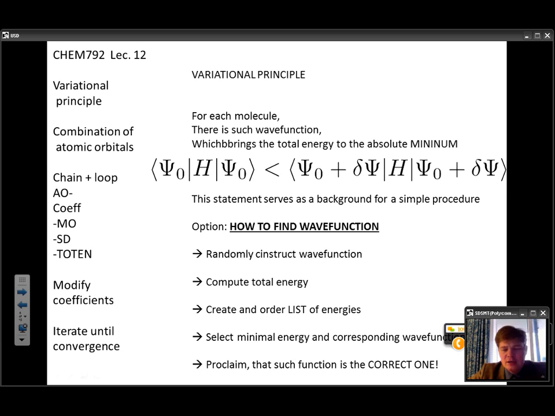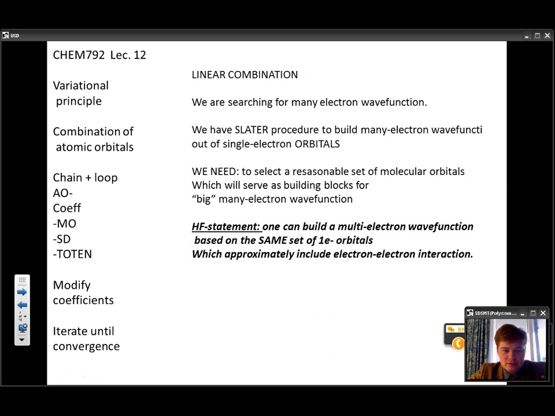There should be some more rigorous, more reasonable way to find the many electron wave function. I'm going to go to the next slide. So we already know that the many electron wave function is composed of single electron orbitals.